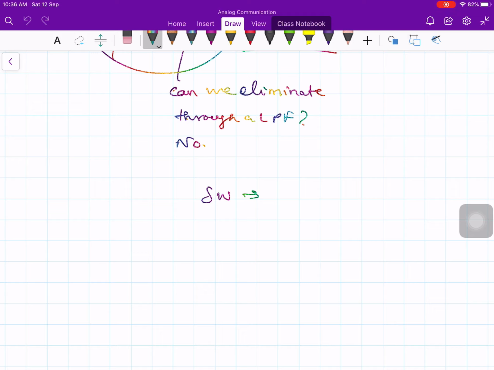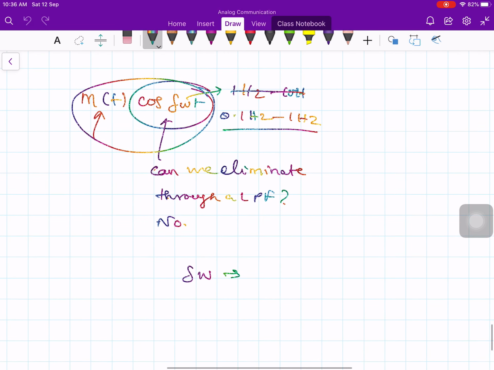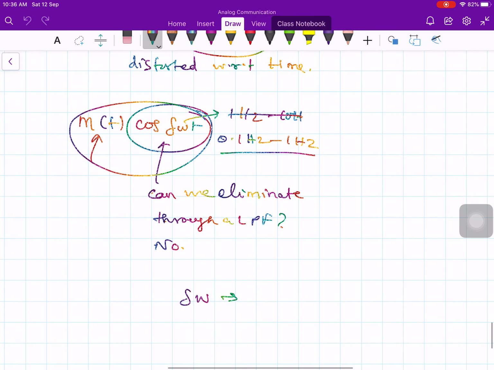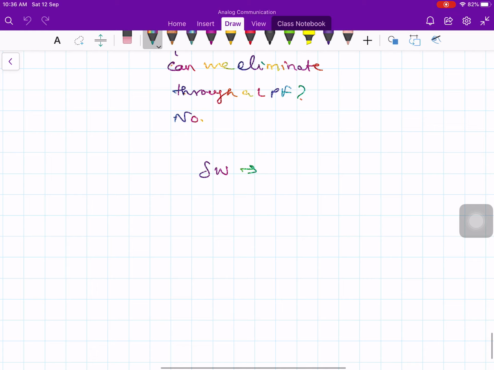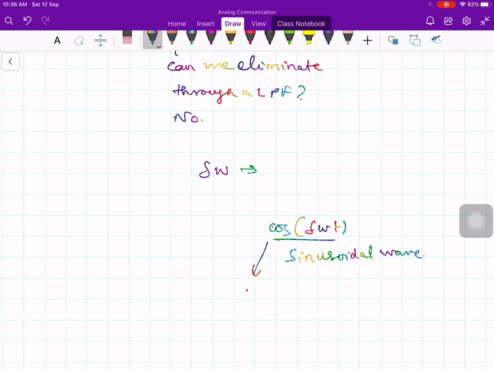So in that case, basically what you see is cos of delta omega t multiplied by m of t, and that is a slowly varying sine wave multiplying m of t. See, cos of delta omega t is a sinusoidal wave, and the sinusoidal wave is multiplying your m of t.